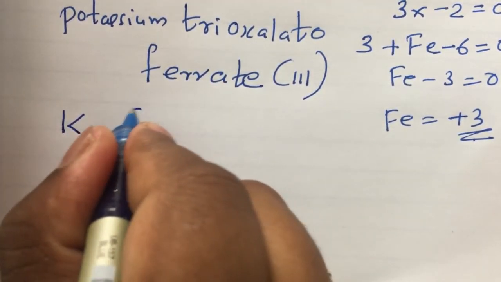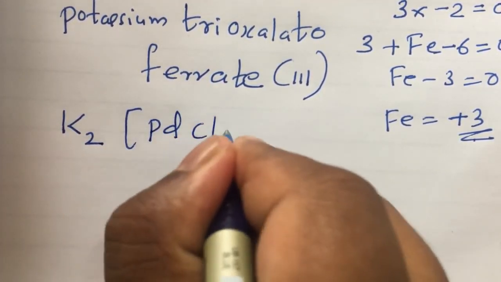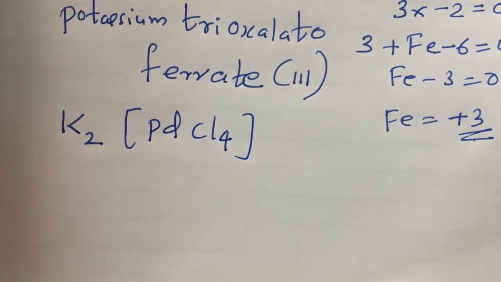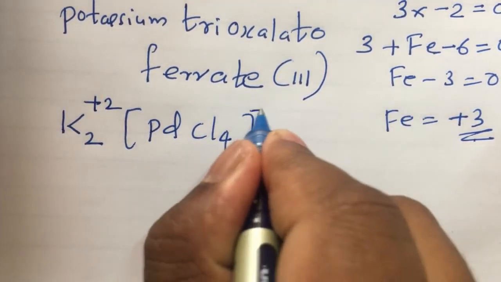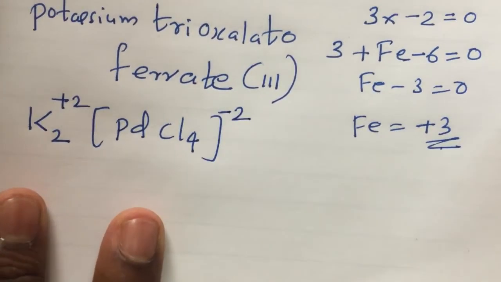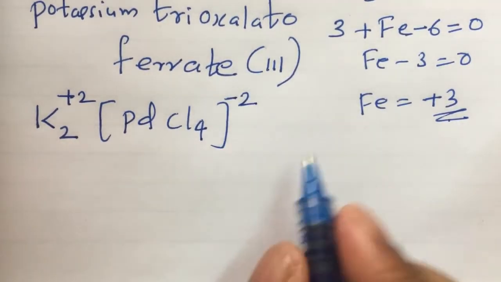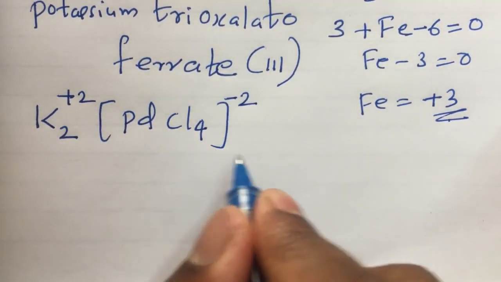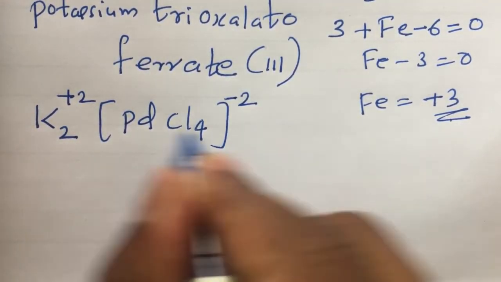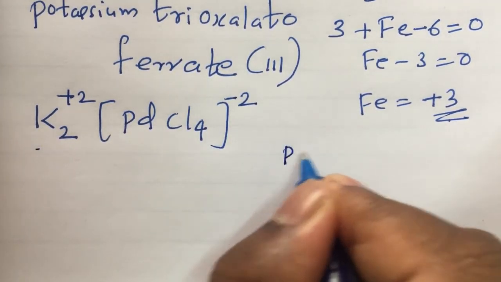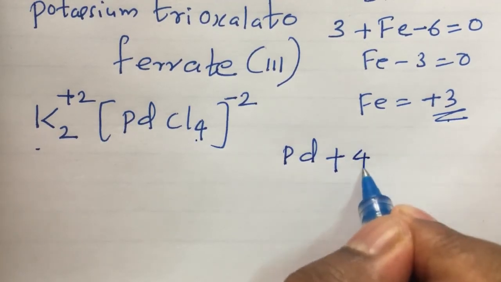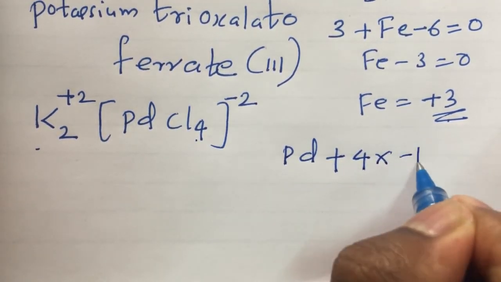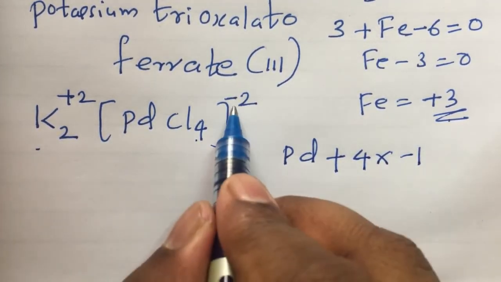Okay, next is K2[PdCl4]. Okay, the central metal atom is palladium. Now potassium is plus 2, so the complex is minus 2. Okay, then we can write like this. If you want, you can use one more method for finding the oxidation state. You can find it like this: Pd plus Cl4, 4 into minus 1, equal to minus 2.